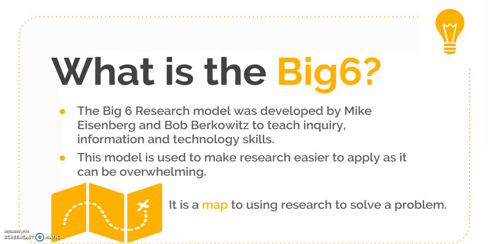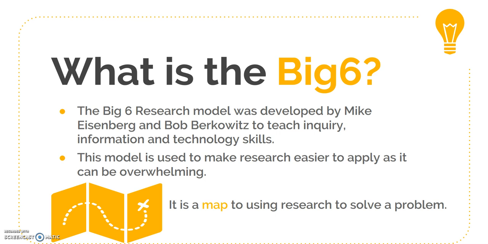Now, what is the Big 6? That almost sounds like a movie, but it isn't. It's the Big 6 research model, and it was developed by Mike Eisenberg and Bob Berkowitz, and it was to teach inquiry, information, and technology skills. This model is used to make research easier to apply as it can be overwhelming.